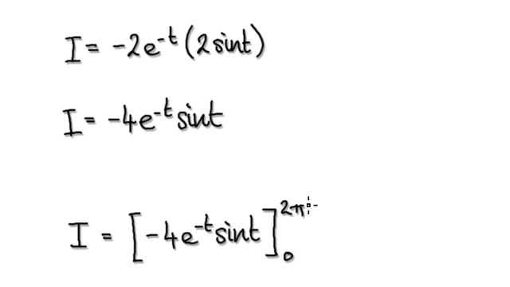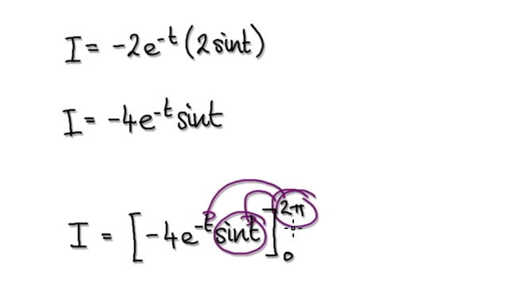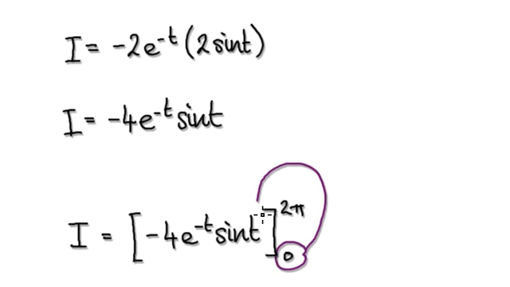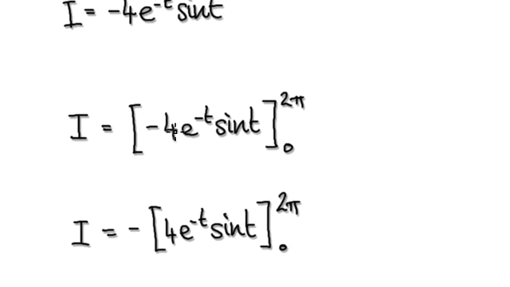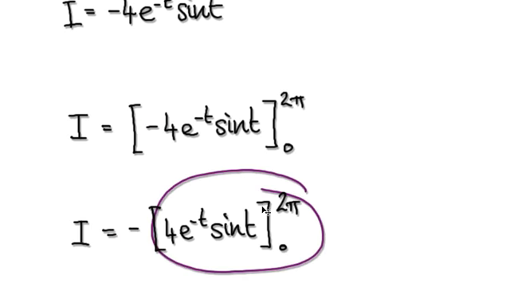When evaluating from 0 to 2 pi, put this into here and into here. Sine of 2 pi is 0. And then later on you put this into here. Sine of 2 pi is also 0. So after all that, oh, I forgot to say, sorry. When you're here, you can take this negative out, and then it boils down to evaluating this.